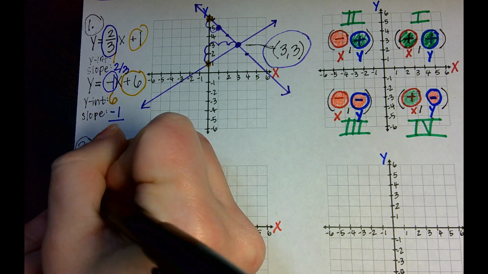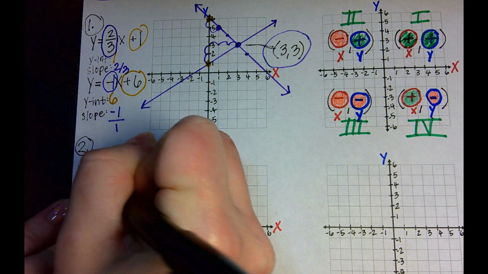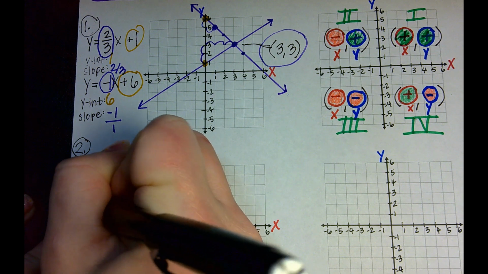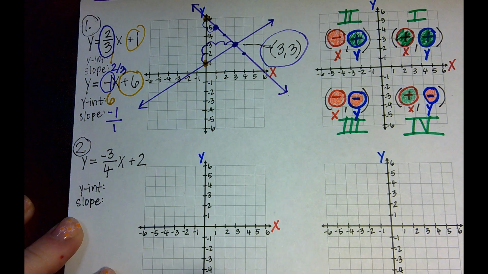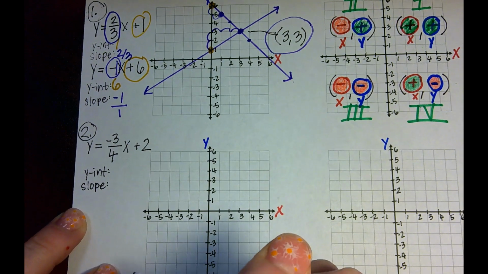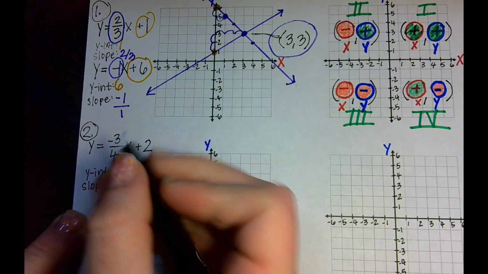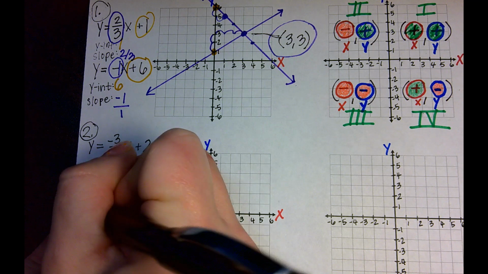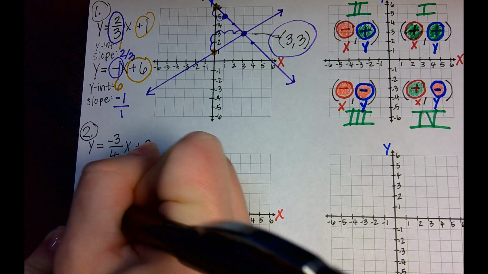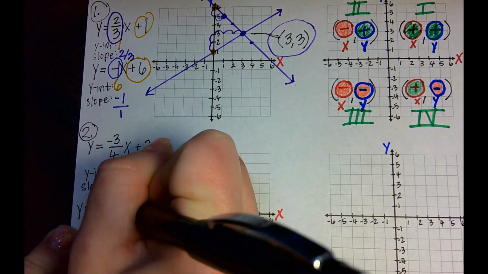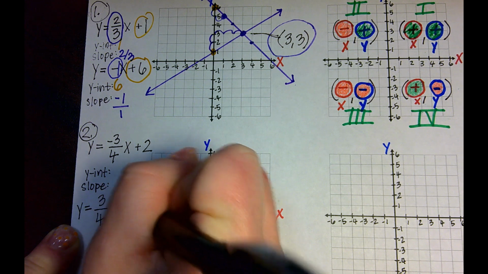And I'll give myself a space to write the y-intercept and the slope. And then let's do y equals positive 3 over 4x minus 4.